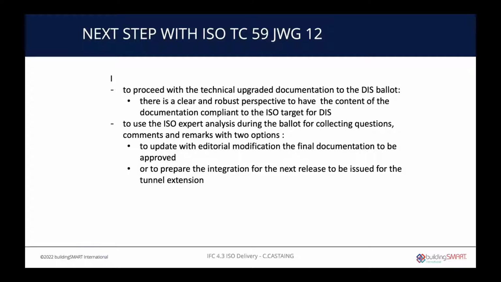I don't know if the name will be IFC 4.4, but the release arriving for the tunnel domain, or we can already implement this modification in the release to be published in July 2023.